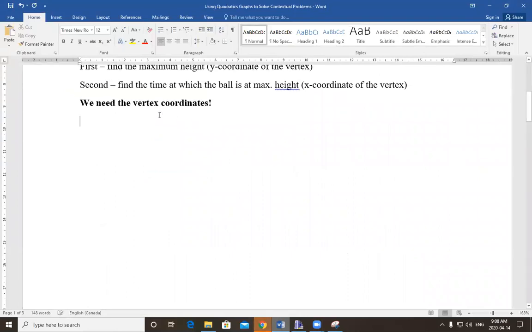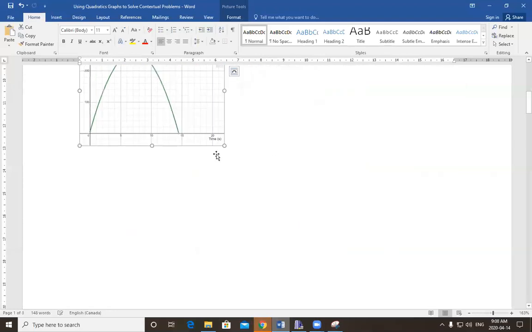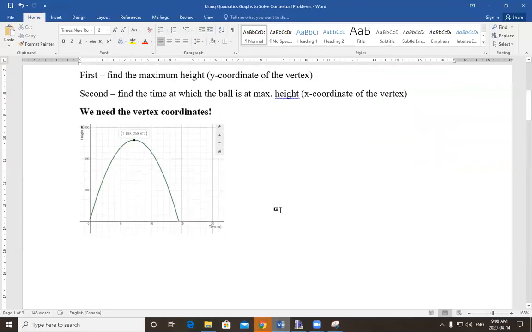Okay. Alrighty. So the vertex coordinates would be 7.198, comma 259.872.